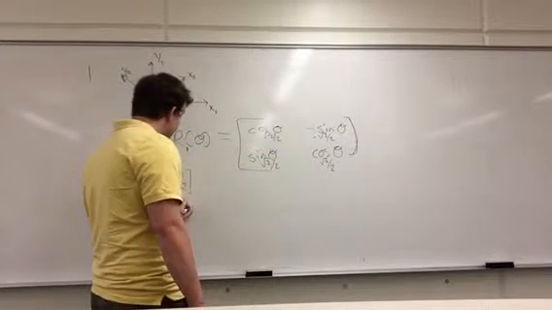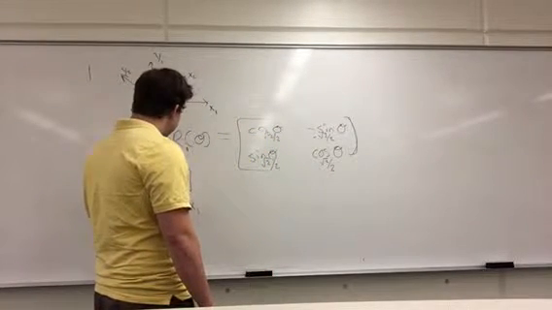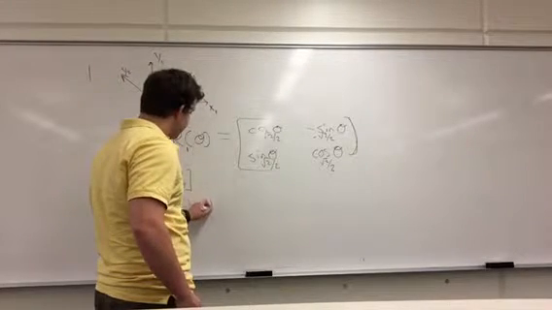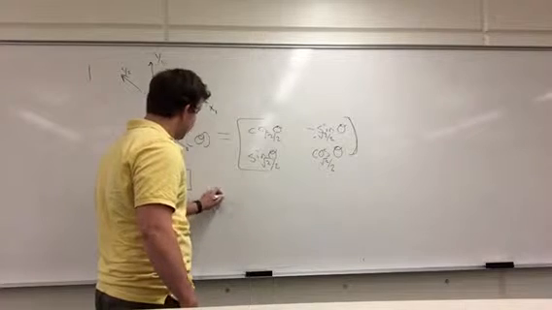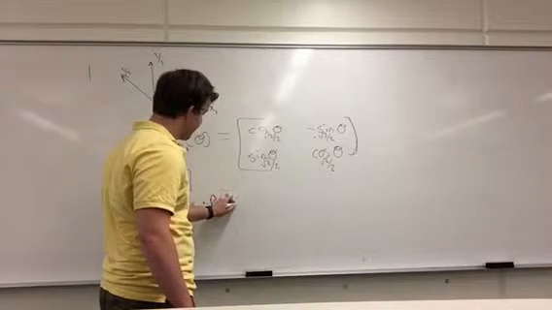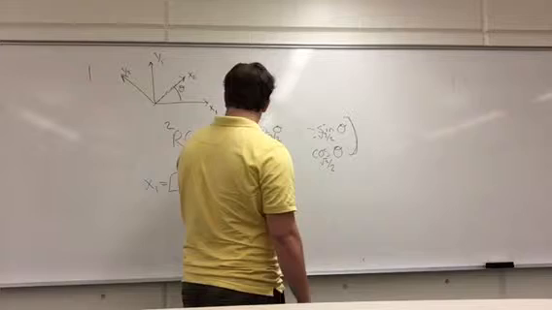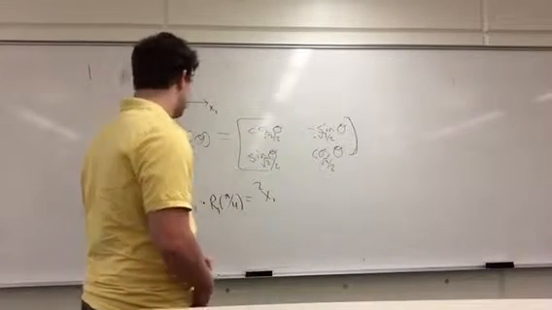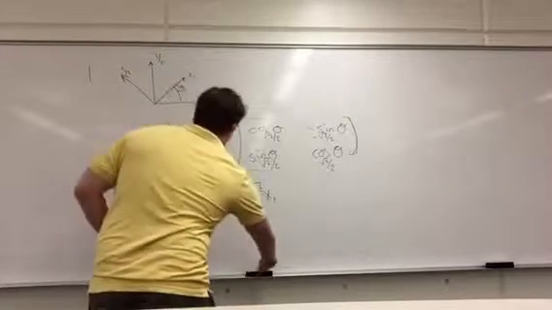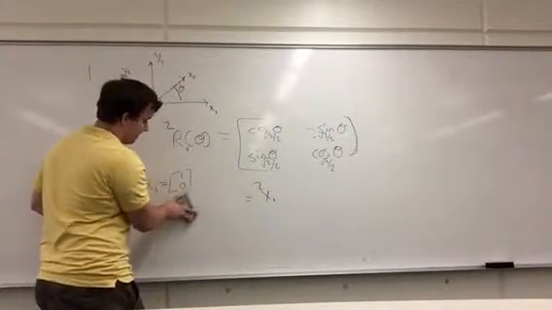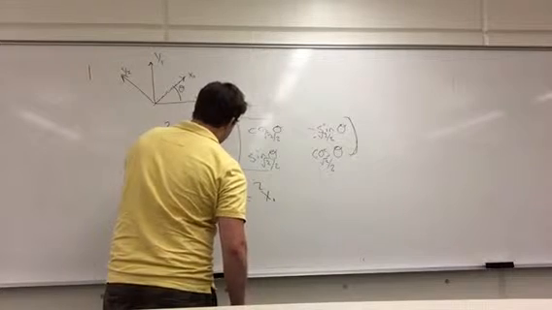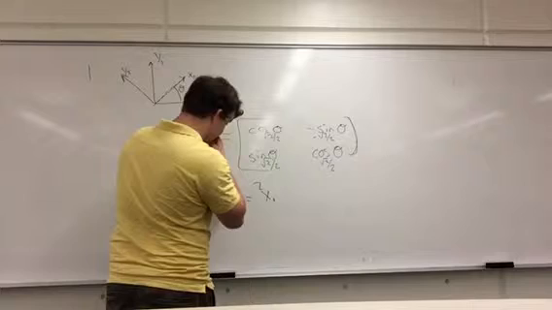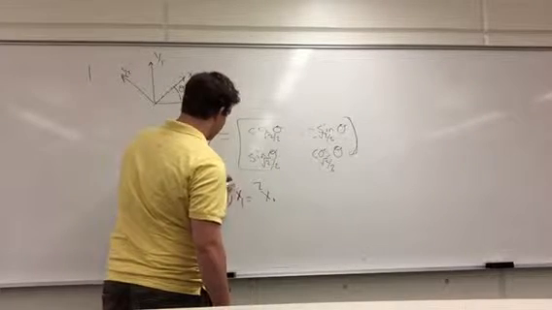And so when I do x1 times this rotation, I should get x1 written in terms of 2. I wrote this notation wrong. It's supposed to be R21 of pi fourths times x1 of 1.